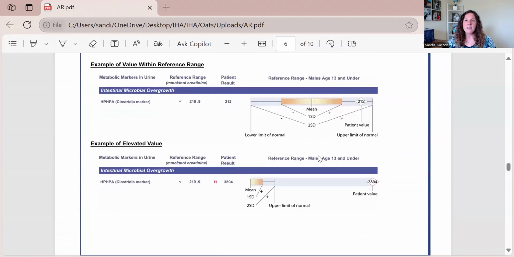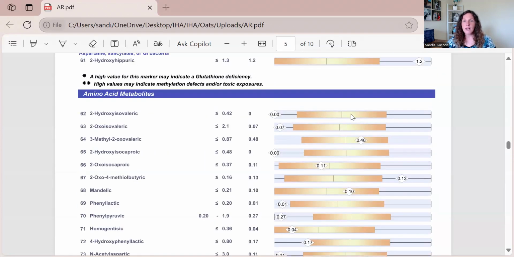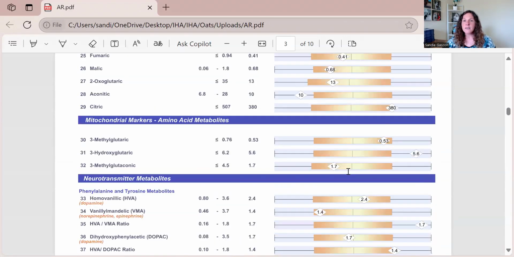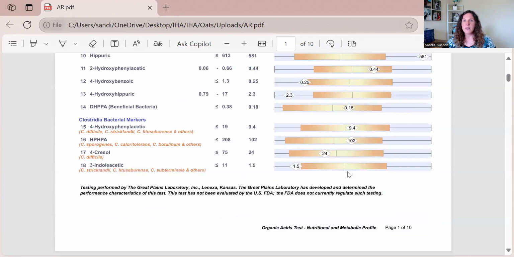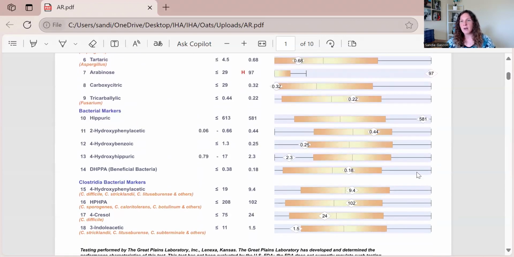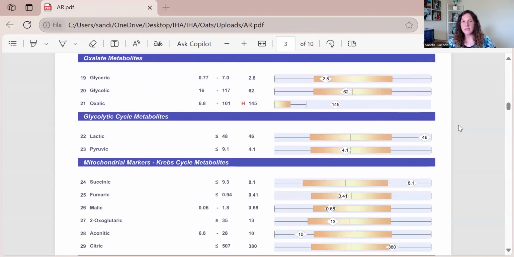And so then if we continue scrolling down, these are just like examples of what the markers mean. So you want to be in this orange box closer to the midline. That's where you want to be. For a lot of these markers, like when we go up to the first page, if you see low markers, that's fine. I'm not worried about that. High markers are not good. The same with the oxalate markers. We don't want to see high. The same with the mitochondrial markers.